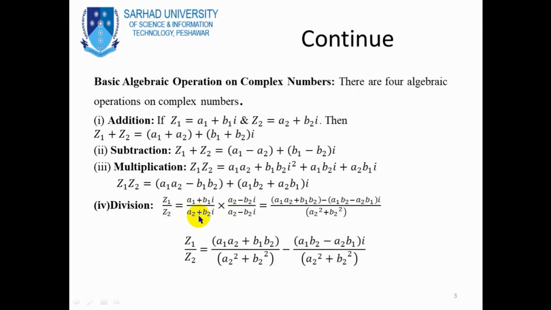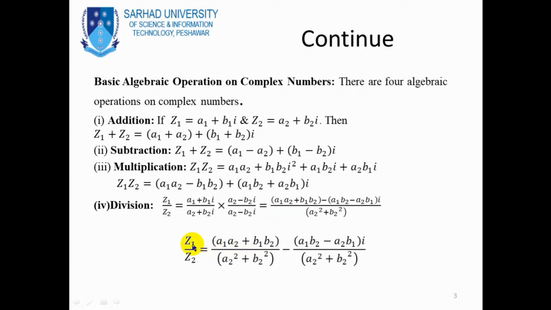One factor is a2 plus b2 i and the other factor is a2 minus b2 i. So we obtain the formula a plus b into a minus b, which is equal to a square minus b square. So we can multiply the denominator factors by using the formula a2 square minus (b2 iota) whole square. Iota square is equal to minus 1, and minus times minus gives plus. So a2 square plus b2 square.